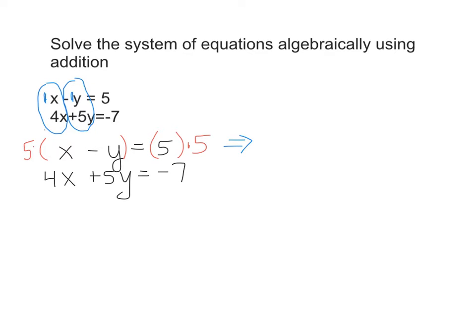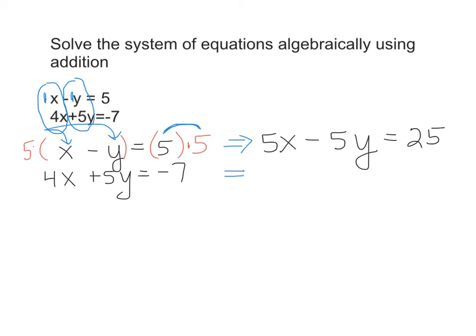We'll take that 5 and distribute it to the x, giving us 5x. Then we'll distribute it to the minus y, giving us minus 5y. And then we'll multiply the 5 on the right side by the 5 to get 25. Remember, every term has to transform, and in this case, everybody's being multiplied by 5.